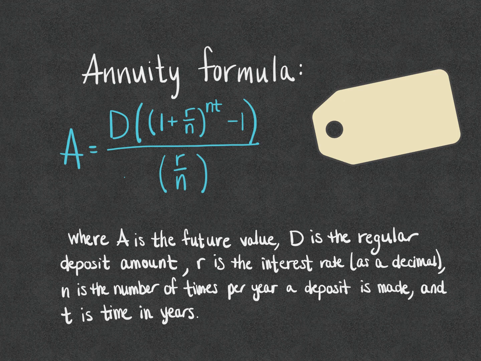D is the regular deposit amount. R is your interest rate. N is how many times you are making your deposit every year, and T is your time in years. We will use this formula when you make regular ongoing deposits. And that's when you'll know to use the annuity formula whenever we're working on problems in this section.